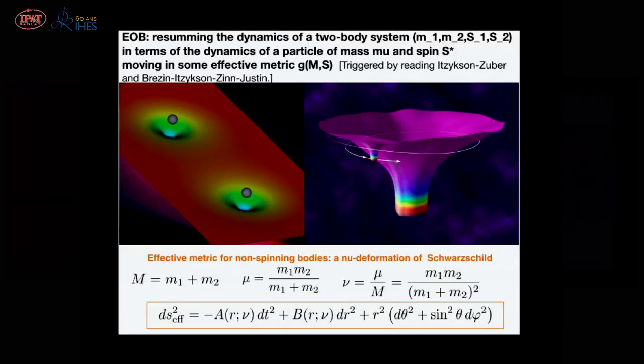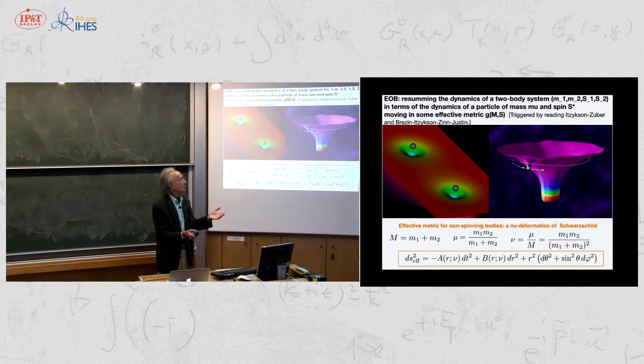I want to say that this method, because here in Saclay, was triggered because during one weekend, for mental rest and intellectual amusement, I was rereading Itzykson-Zuber, the quantum field theory book. In it, there was an interesting paragraph about two-body effects in interacting QED systems, I think both positronium and the hydrogen atom.